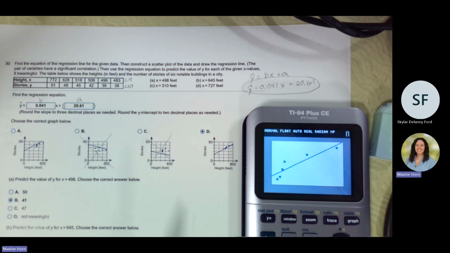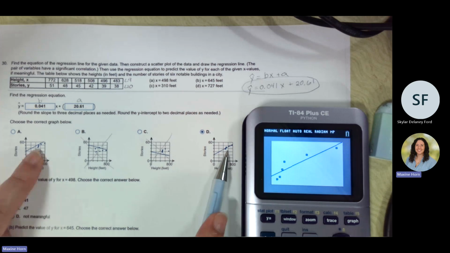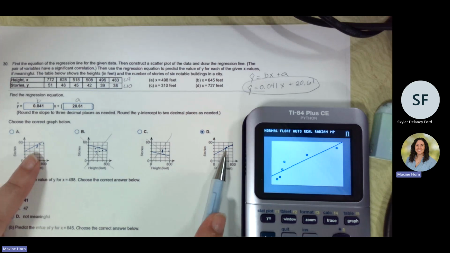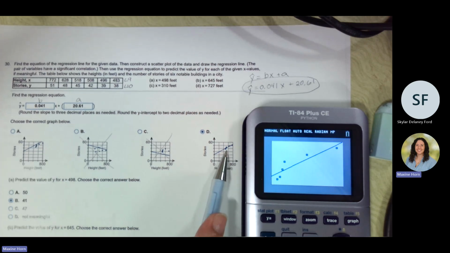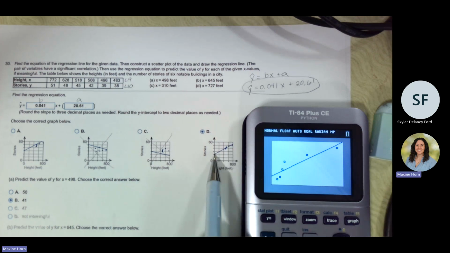And you know what? It's just a little too close. The dots are kind of too close together for me to really see exactly where they're located. I'm not going to be able to tell the exact values, like the ordered pairs of those points. So what you want to look at is what's going on with my line, right? This line is going through most of those points.